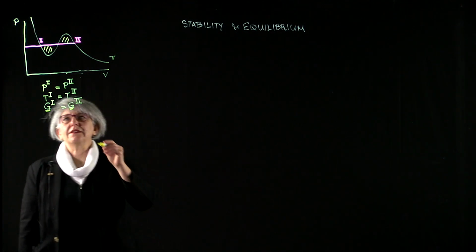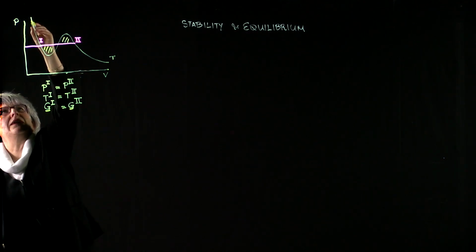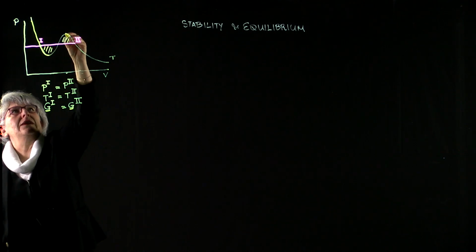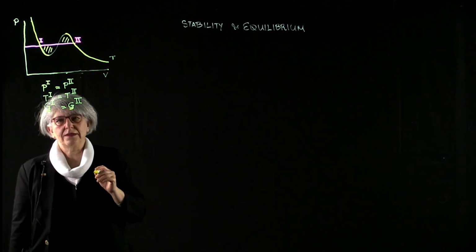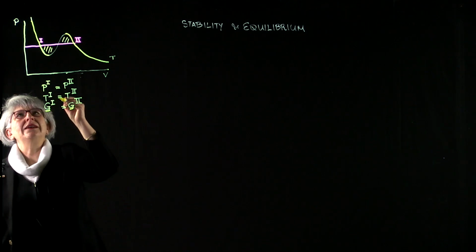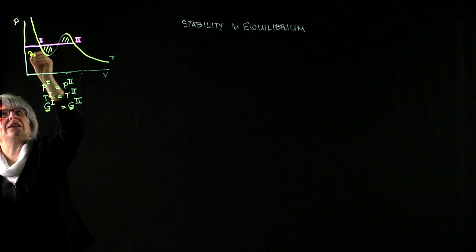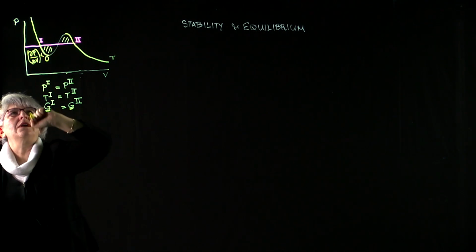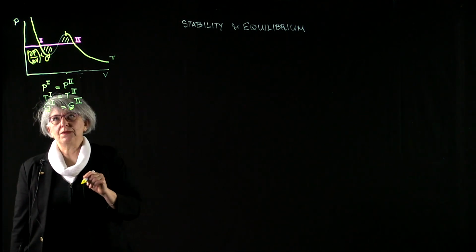Then we discussed the possibility of stability, and we have noted that in this PV curve of a constant temperature line, the system is stable as long as the variation of pressure with respect to volume is less than 0. And beyond this point, we have an unstable region.